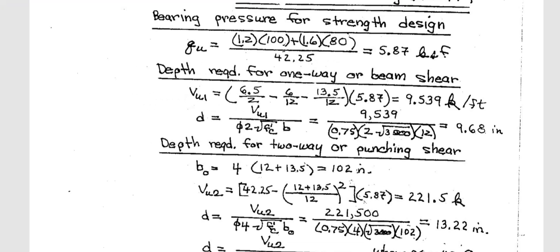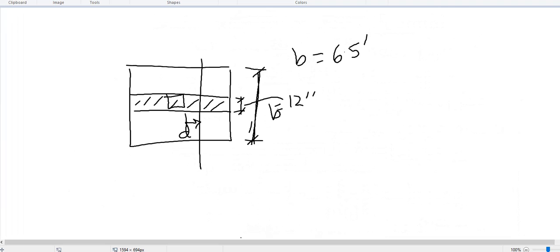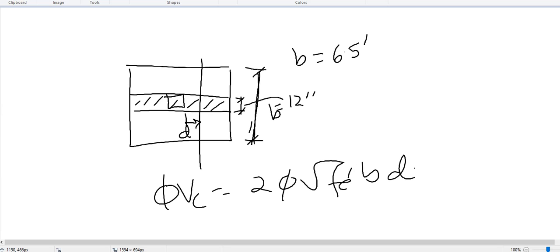Then d required is Vu divided by phi 2 square root f prime c b. I hope that you know where it is coming from. In foundation, only concrete will take the shear force. There will be no shear reinforcement. So how much can concrete take? Concrete can take this amount of shear force. We saw it in chapter 8, shear force design.